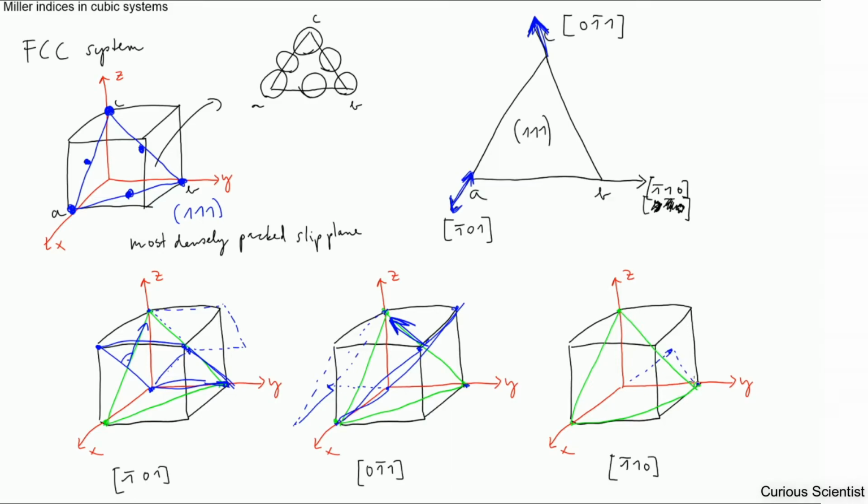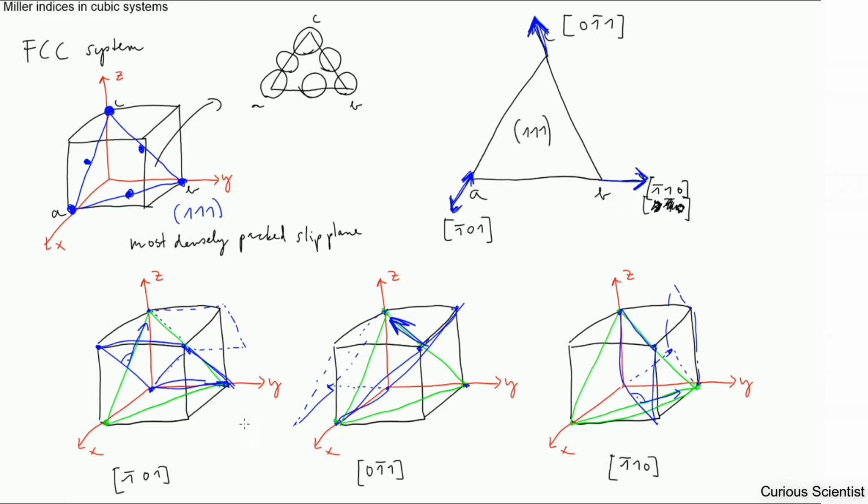So basically we have something here, but we can shift it inside the cell because these are equivalent. So we have something coming across the body. And then of course if we check this line, it is not so nice, but yes, it's better. So if we check the normal of this plane, then we see that the normal is parallel with the xy line. So therefore it will be this direction.